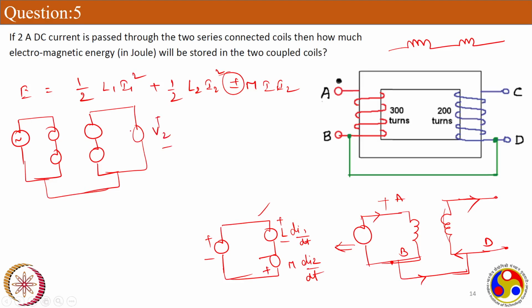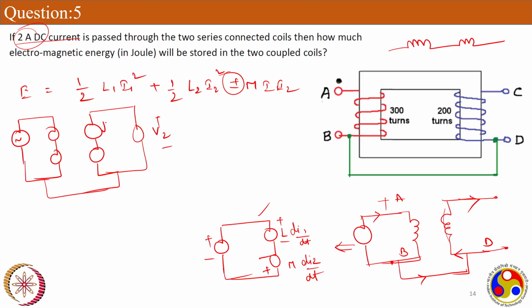I'm just seeing what will be absorbed on the secondary side and what is absorbed on the primary side. And here 2 amps DC is flowing into both connected coils, so the 2 amps will flow in this winding also. So there will be a voltage at the secondary side as well as the primary side.